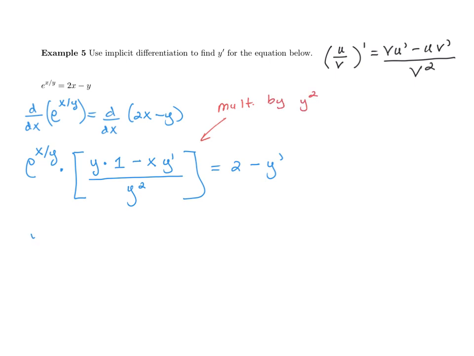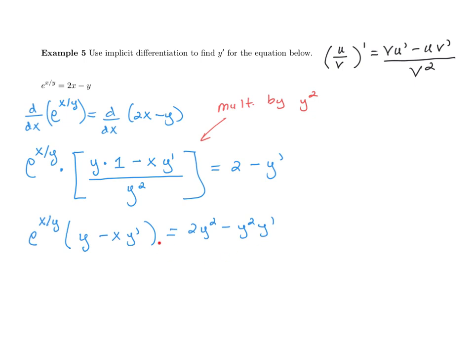On the left, I get e to the x over y. I'll change the parentheses a little bit, and I'll put y minus x y prime. So if I had put a y squared here, it would automatically just cancel with this. However, on the right, you get 2y squared minus y squared y prime.